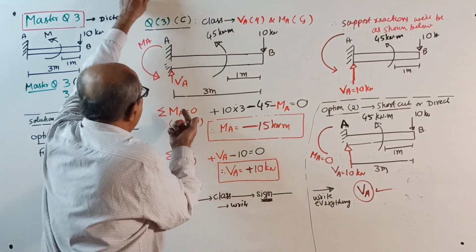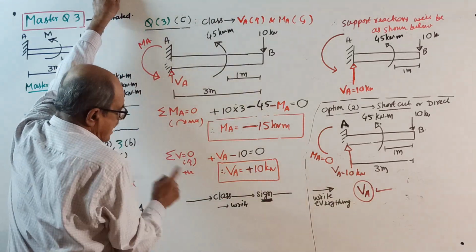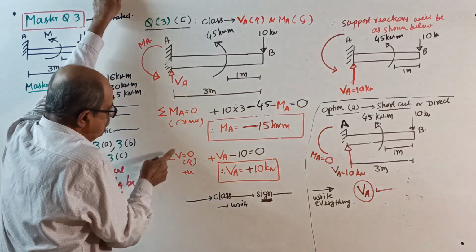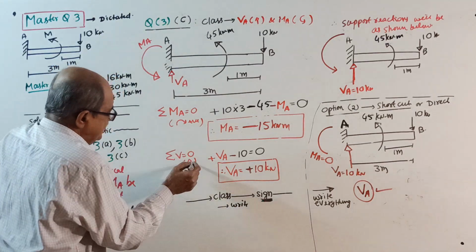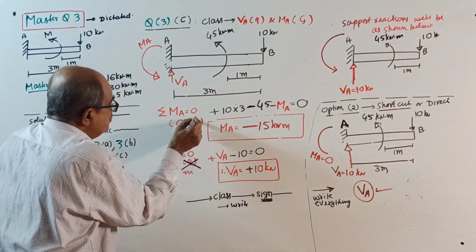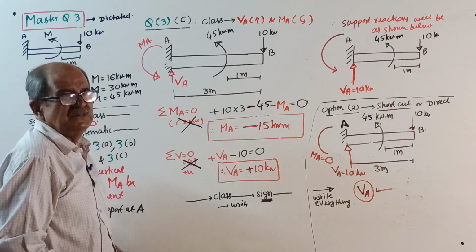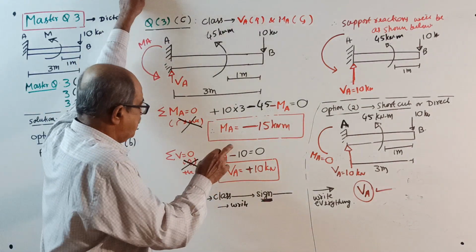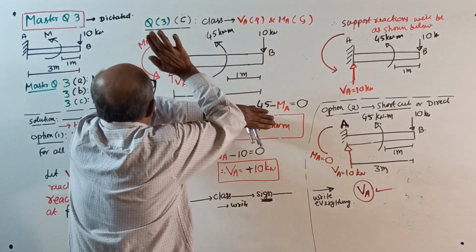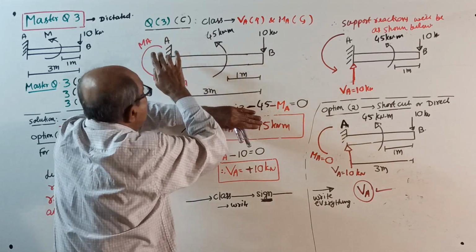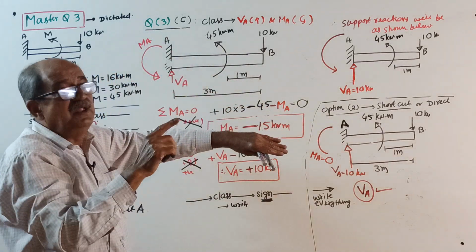Now write what all I tell. We took VA vertically upward. Answer came plus. When you consider sigma V equals 0, we took upward positive. See, this you should never see. Positive sign indicates what direction you considered is correct or not, it will tell you.